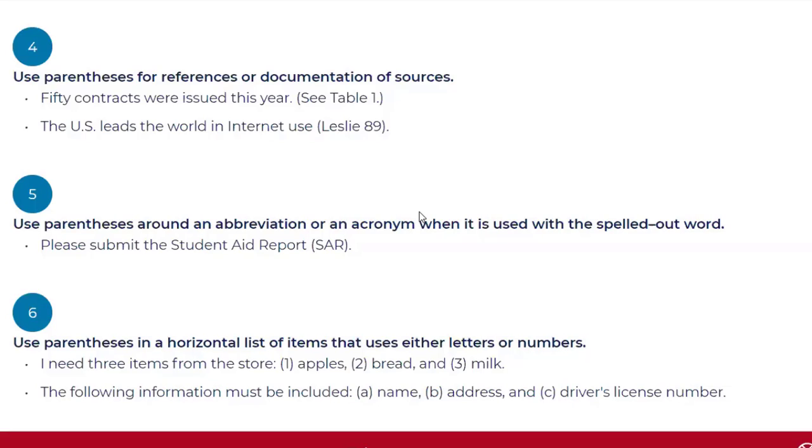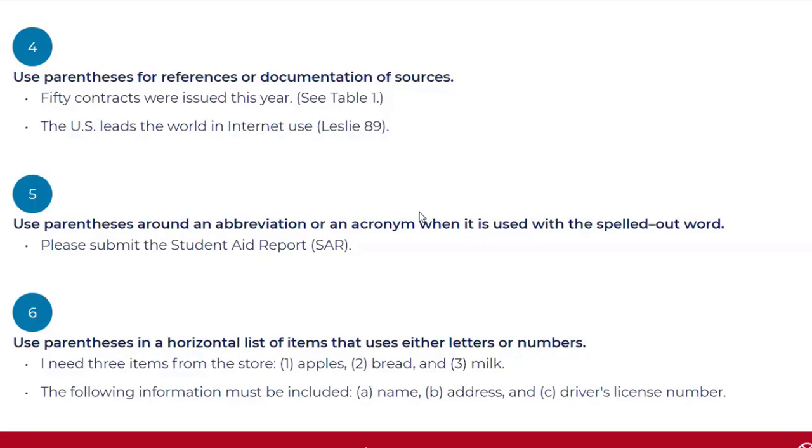You want to tell us where this information is given, in a book or somewhere else. So within the parentheses, see Table 1, meaning within that Table 1 there is this information. Once you want to give references or documentation of sources, you give that in the parentheses.